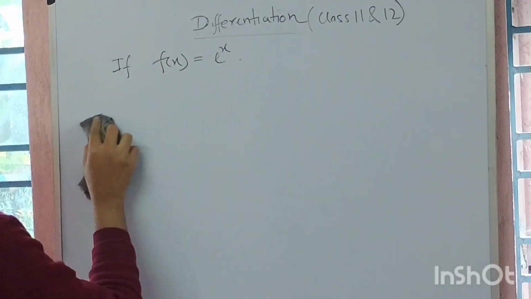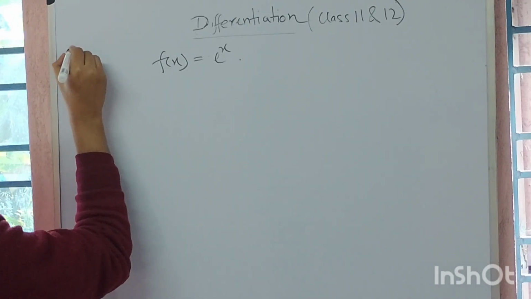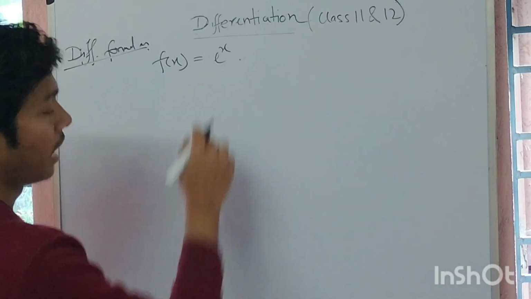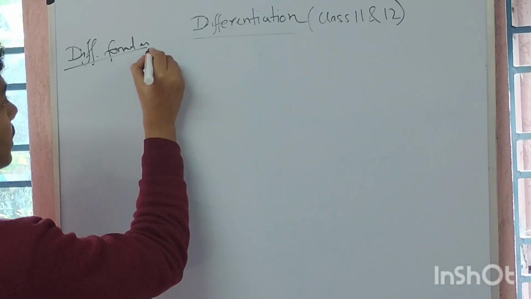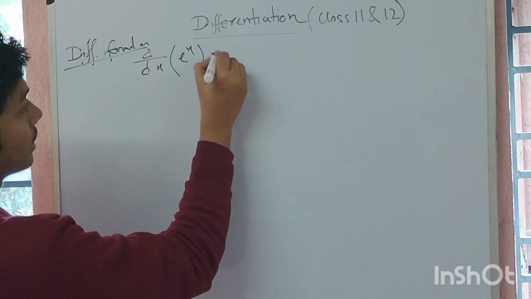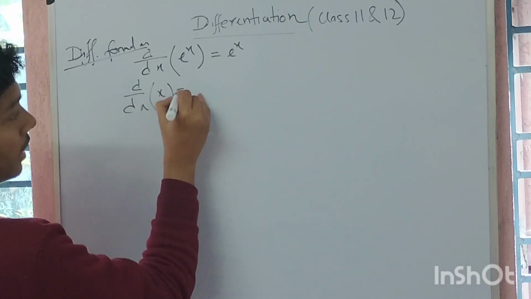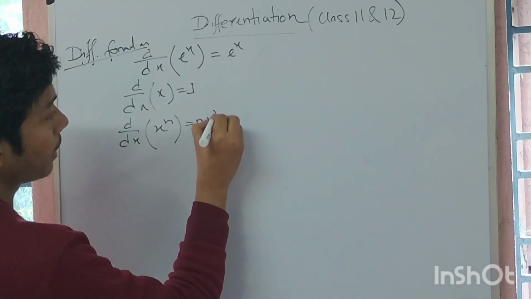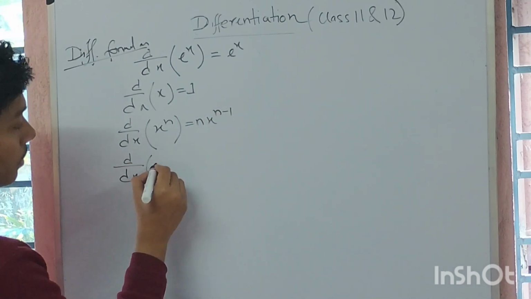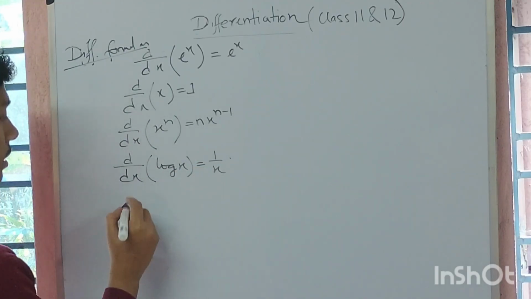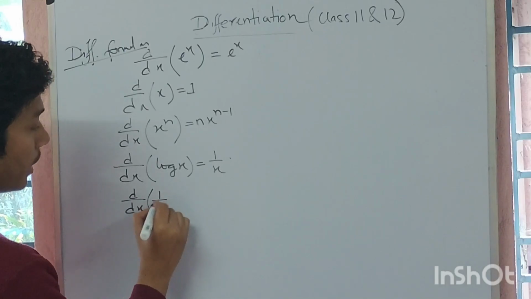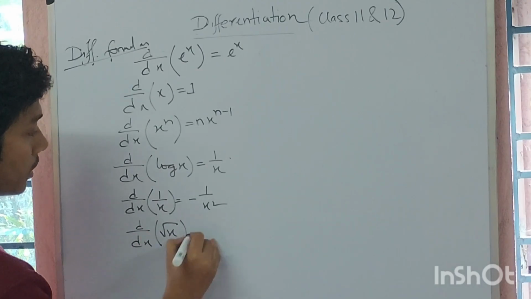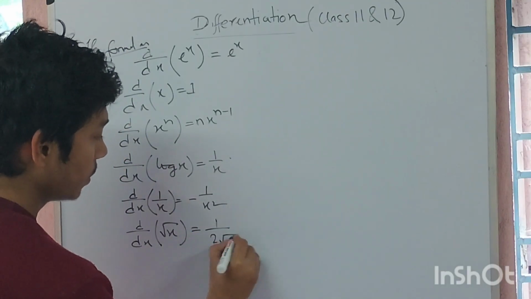You should note these differentiation formulas. d by dx of e to the power x is e to the power x. d by dx of x is 1. d by dx of x to the power n is n x to the power n minus 1. d by dx of log x is 1 by x. d by dx of 1 by x is minus 1 by x square. d by dx of root x is 1 by 2 root x.